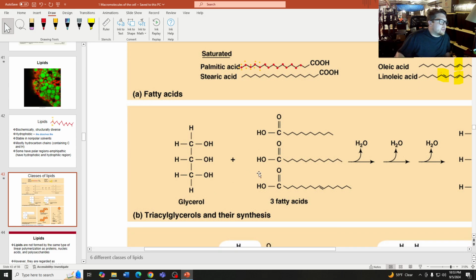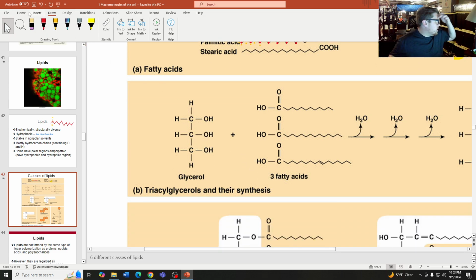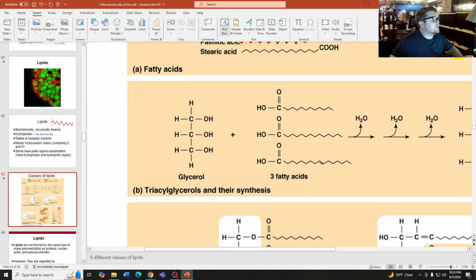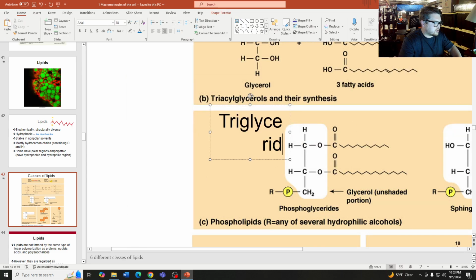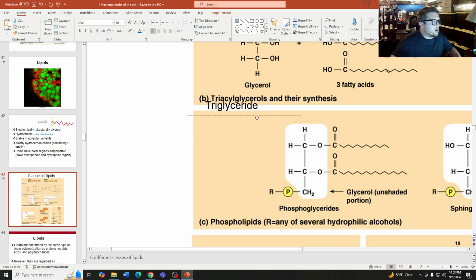We also have triglycerols. You may have also heard triglycerol be talked about as a triglyceride. That's like the blood test that you have run. You check your triglycerides. You'll learn a lot more about those in Biochemistry 2. You'll touch on them in Biochem 1. Biochem 2 is when you really hit a lot of the fat stuff pretty hard.